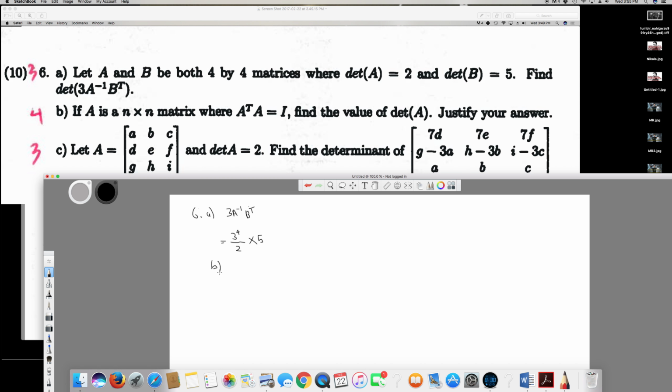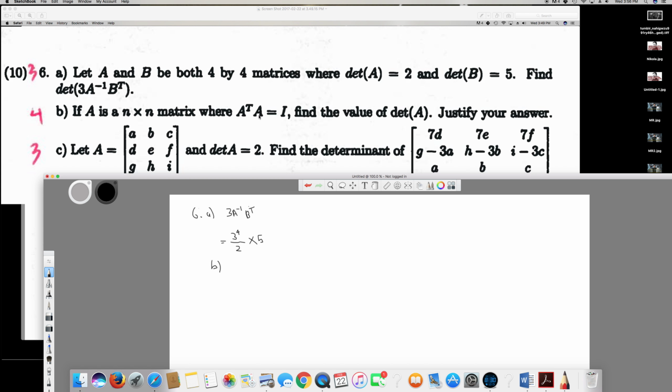Then the next question: if A is an n by n matrix where A transpose A is equal to identity, find the value of determinant A, and justify your answer. So I have to prove it and find the answer for the determinant.